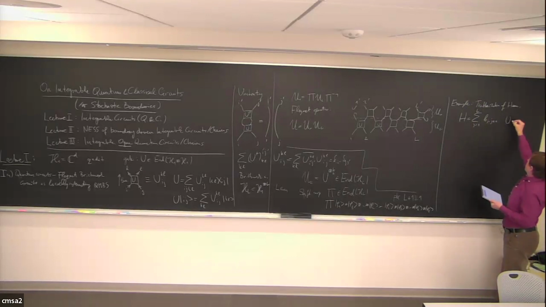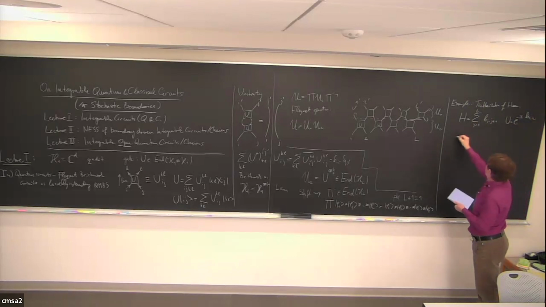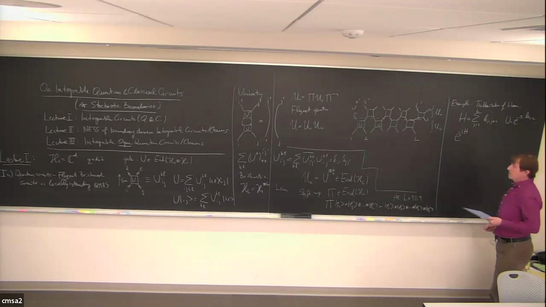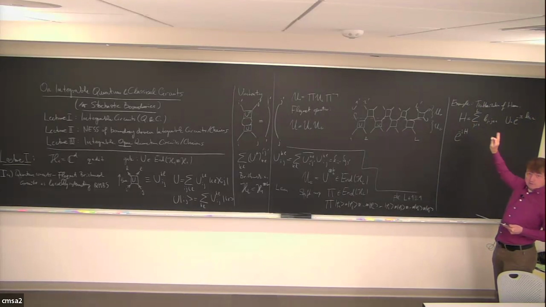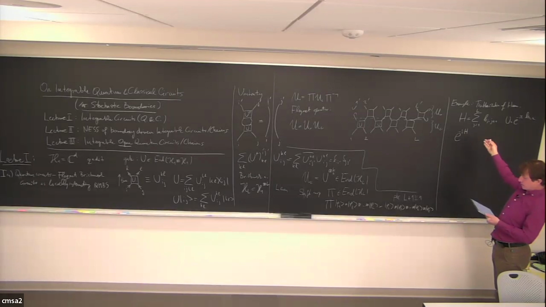Then you can take a local gate, which is e to the minus i tau h_{1,2}. Now you can think of this as an approximation in the Trotter limit, but you can also think of it as an exact identification of a circuit with a two-step protocol of Hamiltonian dynamics, where you switch on and off interactions on even and odd bonds.